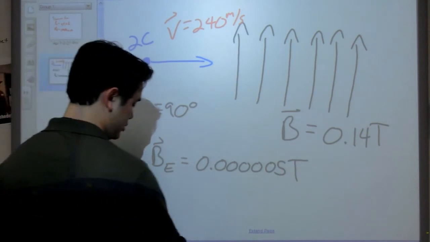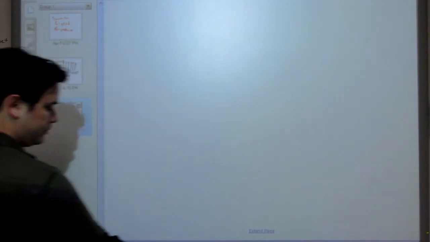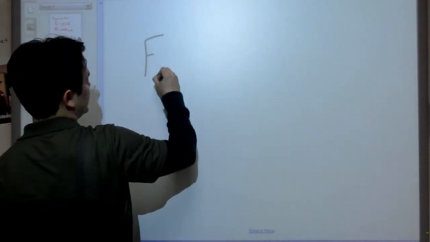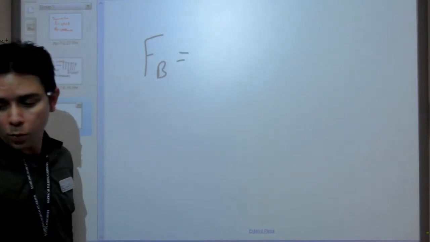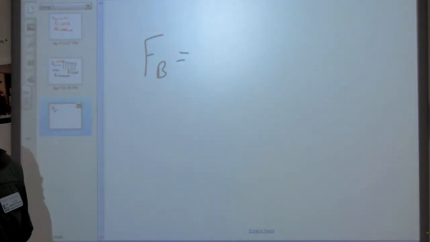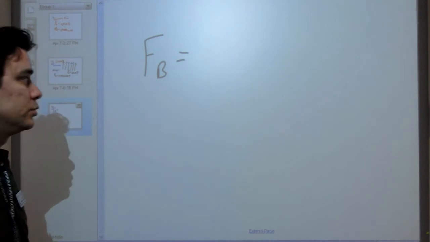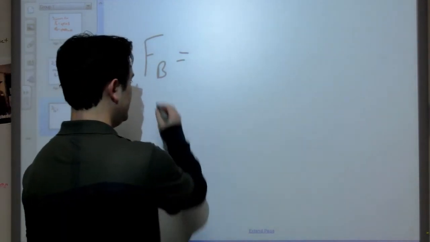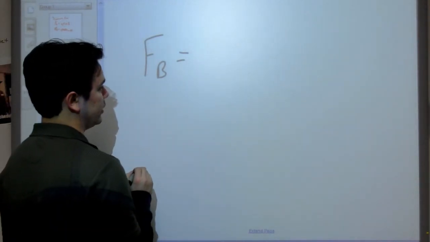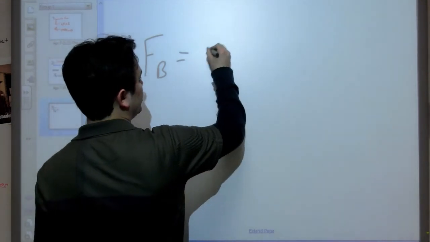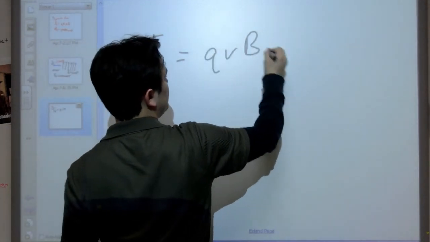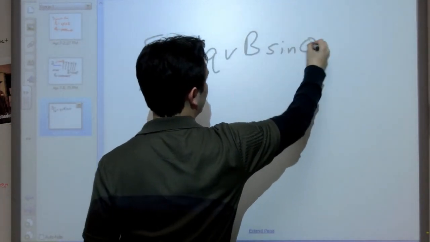Okay, so our equation that we looked at was the Lorentz force, and what I asked for is the acceleration. What's the magnitude of the acceleration that this particle feels? So let's start off by finding our Lorentz force. I know that it's going to be QVB times sine theta.